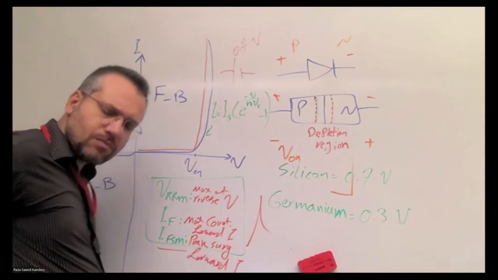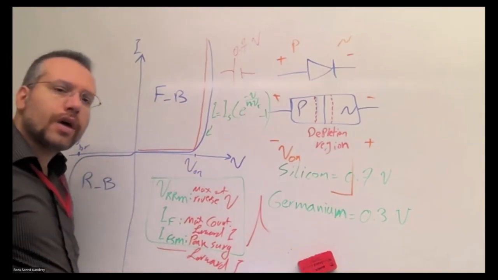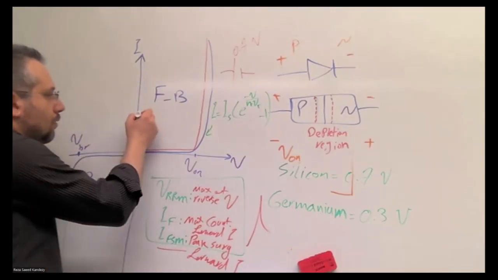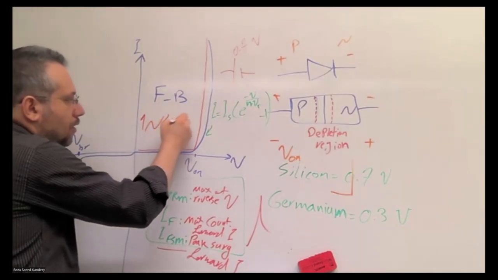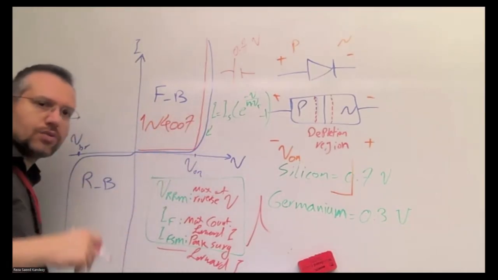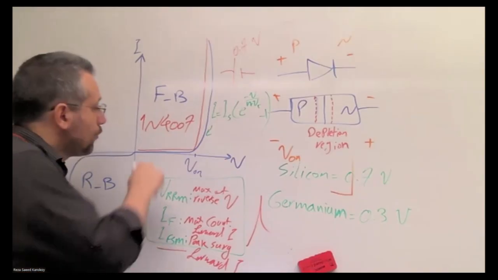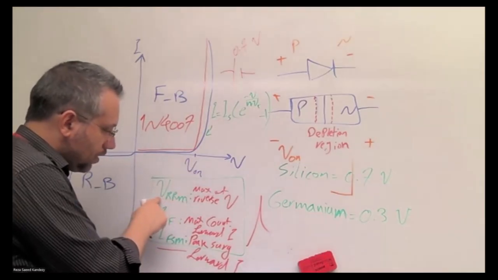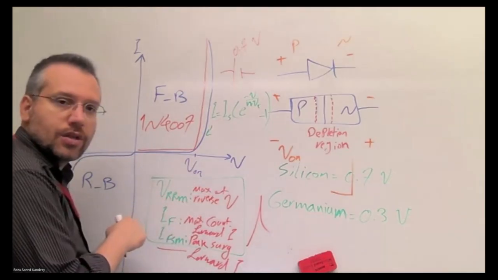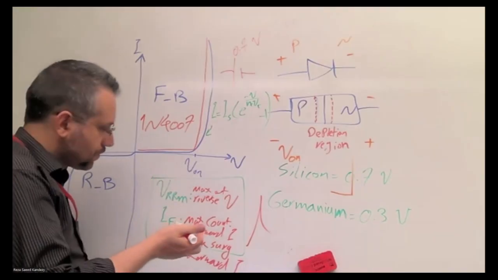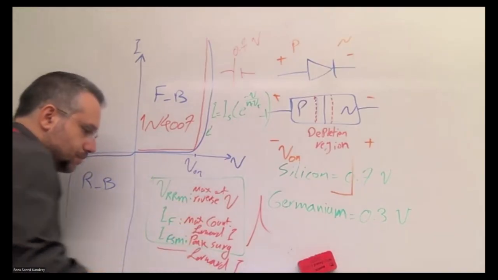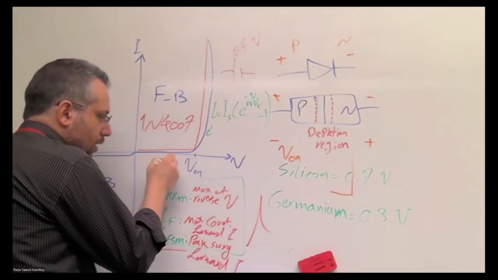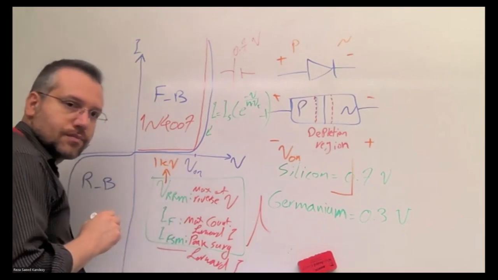Now normally, in our experiment, we work with a diode model of 1N4007. We normally use that. For this diode, if you read the datasheet, the max reverse voltage is normally about 1 kilovolt.